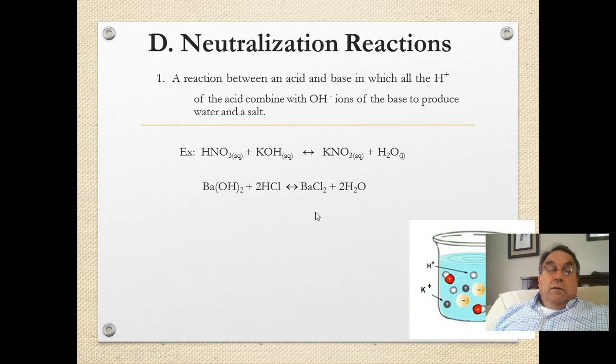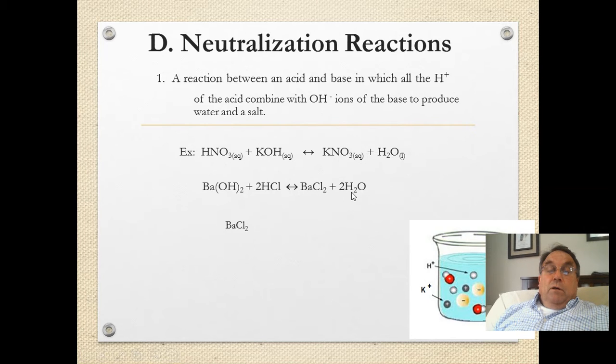Now, another skill you're going to have to be able to have is I could give you a salt like barium chloride, and you should be able to predict what acid and what base produce that salt. One way to do this would be to just write this reaction in reverse.